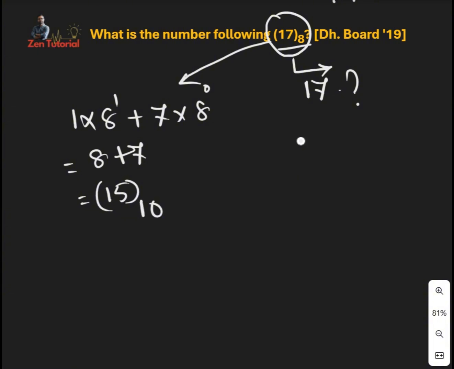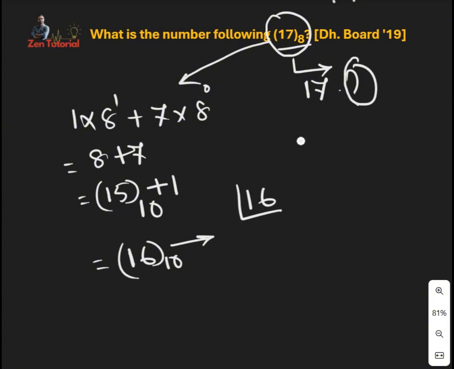So the next or following number in decimal, of course 15 plus 1, will be 16, right? If we convert the 16 number into octal, that is actually the question mark.